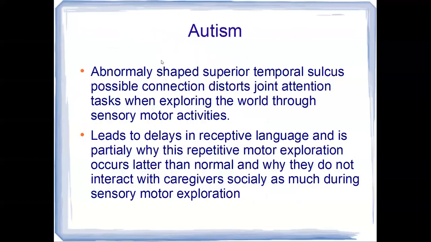So where this goes wrong in autism is they have abnormally shaped superior temporal sulci, and they have problems with joint attention. So I think that this very much impairs their ability, or delays it at least, to develop receptive language. Because for a long time we didn't think they understood because they didn't necessarily respond to us and show us that they understood.